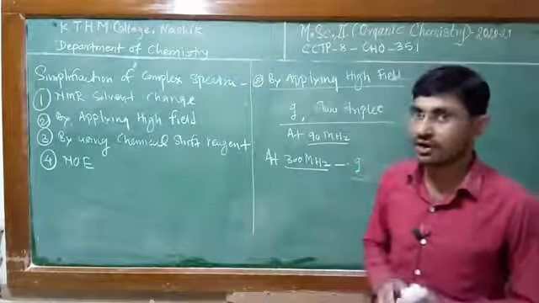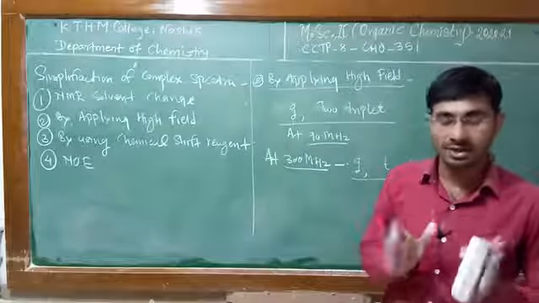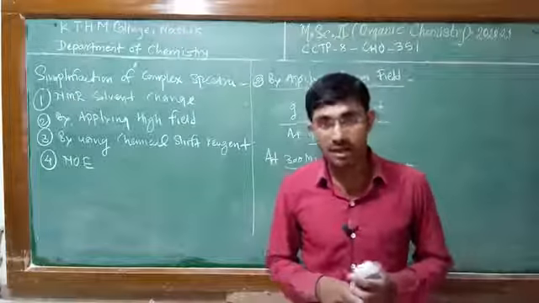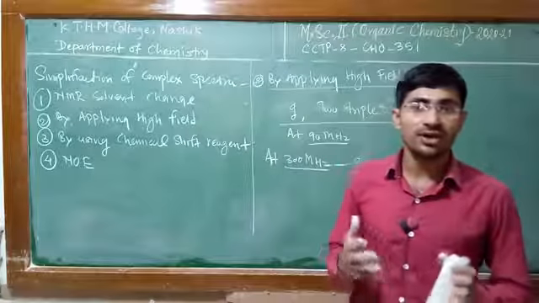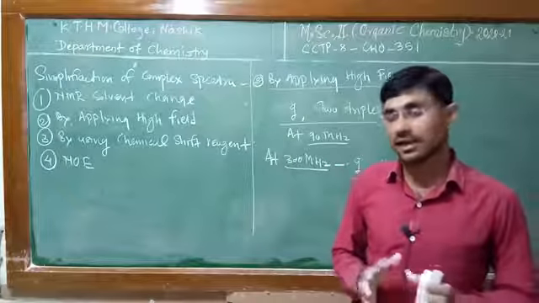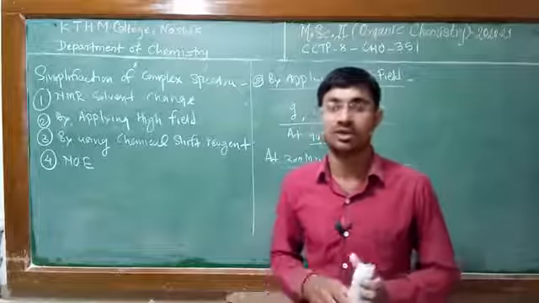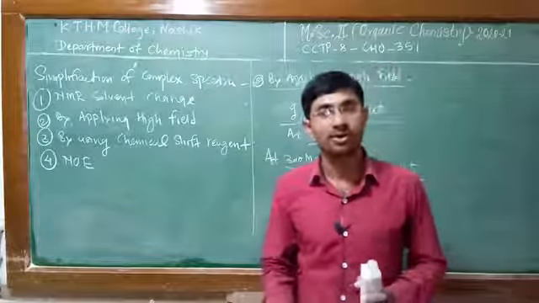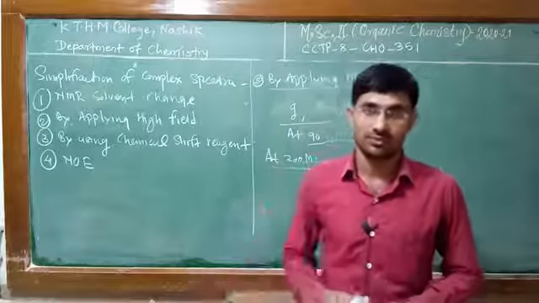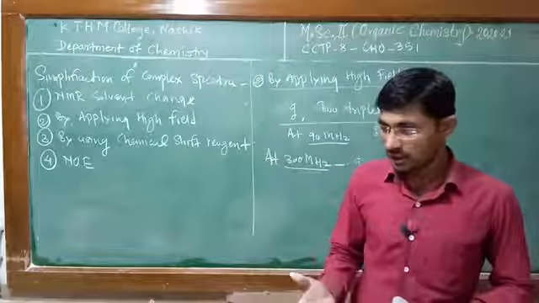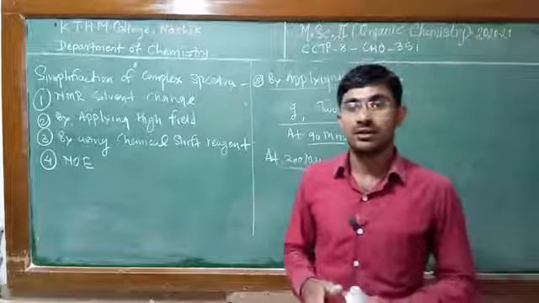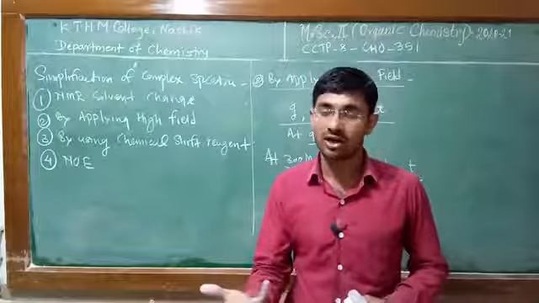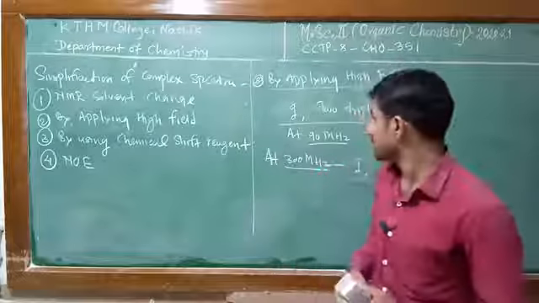The coupling constant value is not changed, it remains as it is, but the chemical shift value in hertz is increased, and because of that the multiplets are clearly separate from each other. So at high field, our second order spectra at low field become first order. Generally at low field the spectra is second order, but at high field they become first order, which can be analyzed with the help of the n+1 rule.